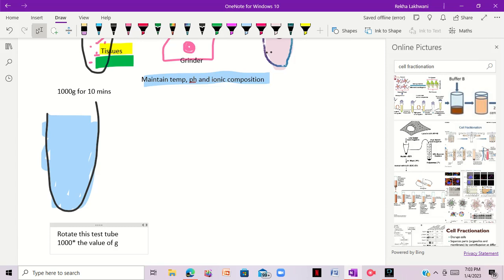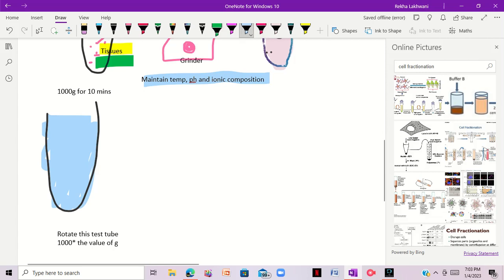It is 9.8 meters per second squared, or you can take it as 10 meters per second squared. So you will multiply the value of G with 1000. At this rate you will rotate this test tube.